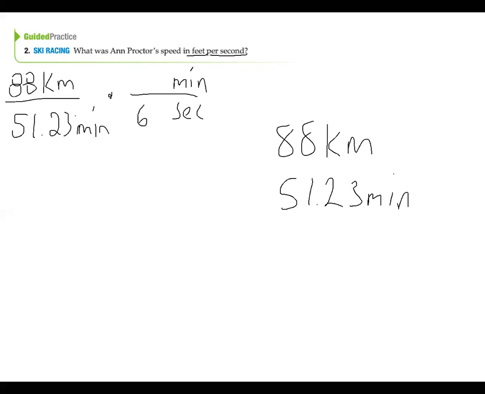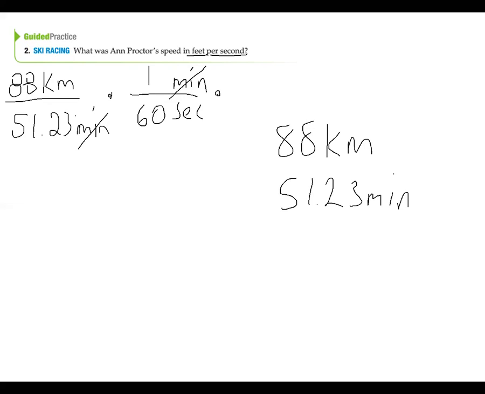So there's 60 seconds in 1 minute, and that would cross cancel the minutes and give me seconds. Now the next thing I need to do is convert kilometers into feet. Now I don't know the conversion from kilometers straight to feet, but they did give me in the problem the conversion of kilometers into miles.